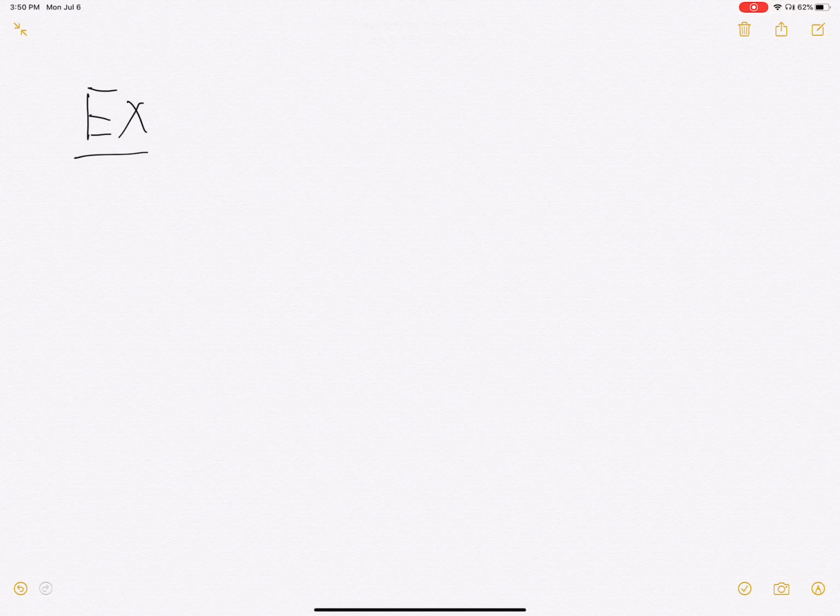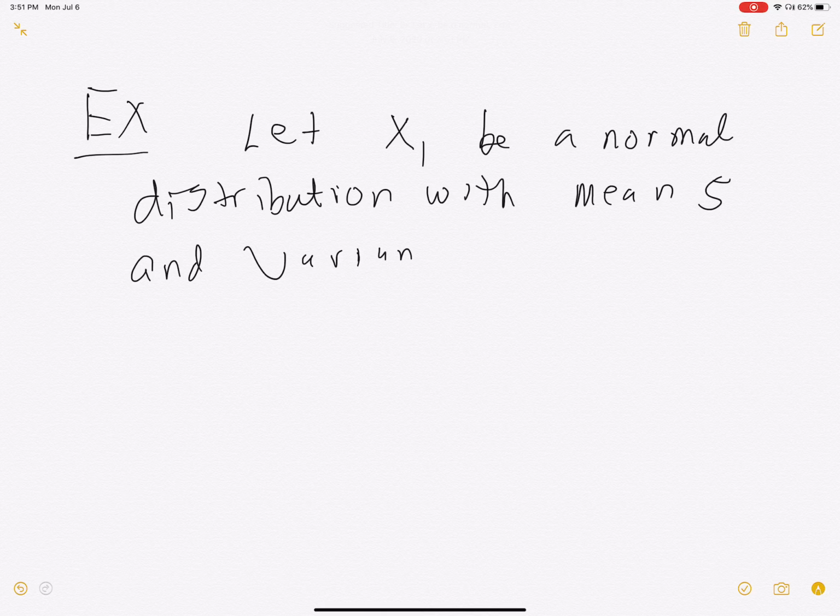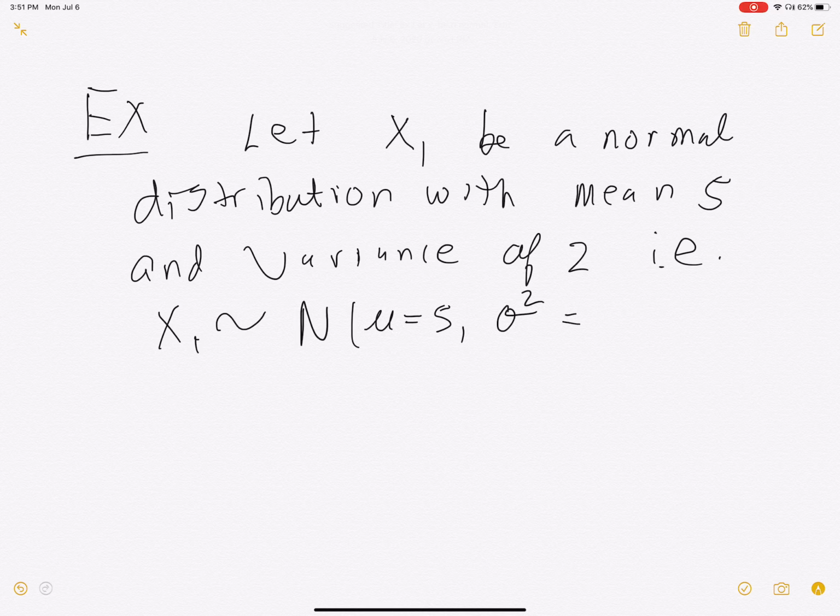Okay. So let x1 be a normal distribution with mean 5 and variance of 2, i.e., I can write all of this for x1 as x1 is normal with mu 5, sigma squared equal to 2.